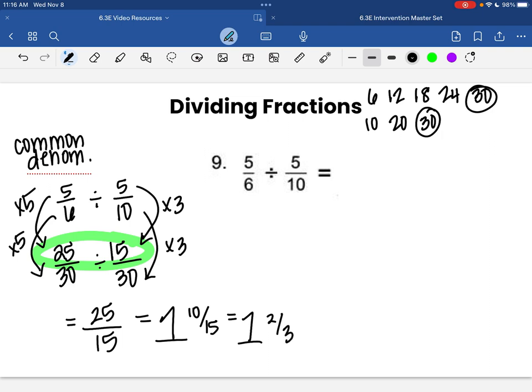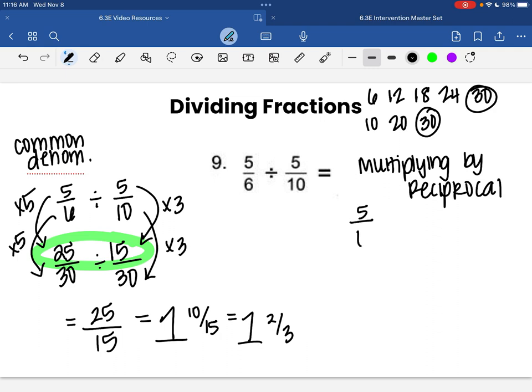Now, another way that we could do this is by multiplying by the reciprocal. Multiplying by the reciprocal means that instead of dividing by this 5/10, I would actually multiply by its flipped version.